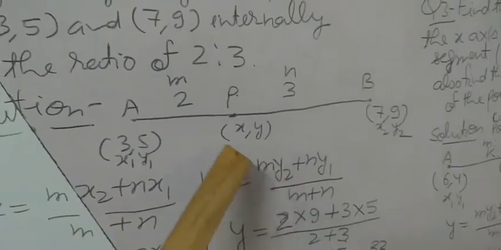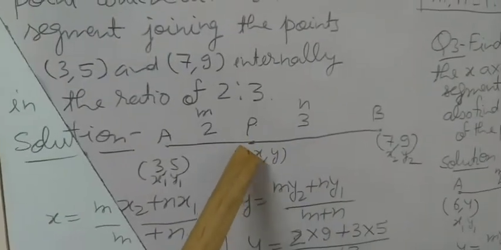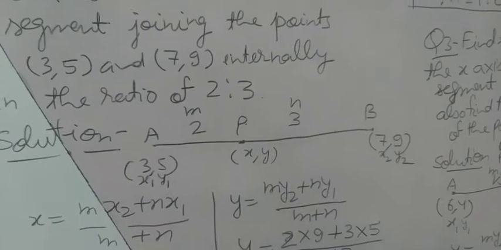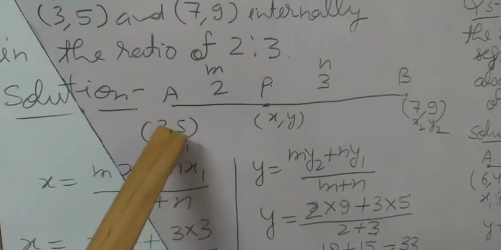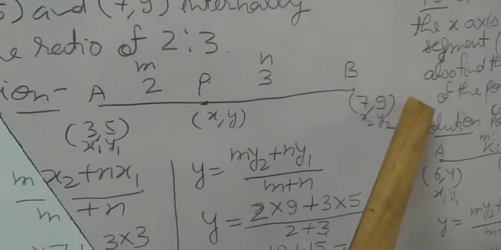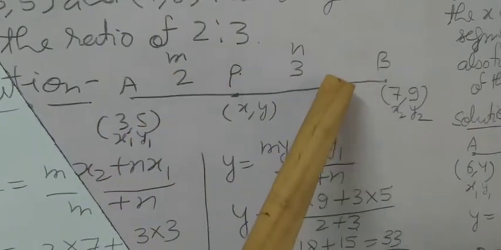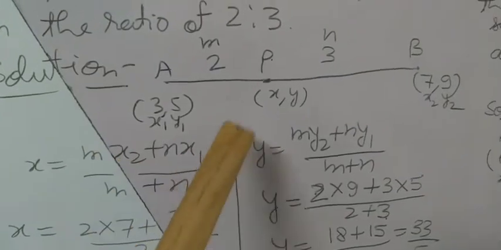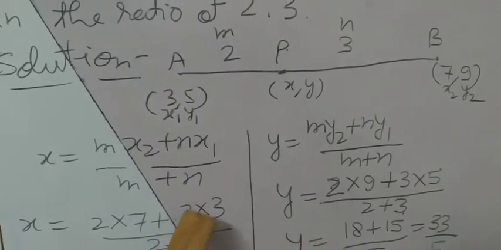So we have to find x comma y, students, because this point P divides AB in the ratio 2 is to 3. So we can use the section formula here. Under (3, 5) we can add x1, y1, and under (7, 9) we can add x2, y2, and this will be m and this will be n. Okay students, so x equals mx2 plus nx1 upon m plus n.